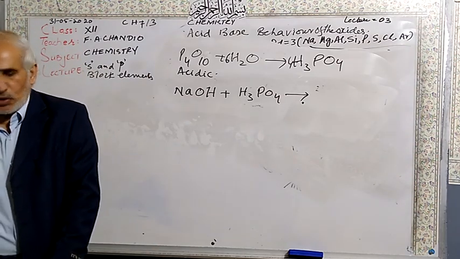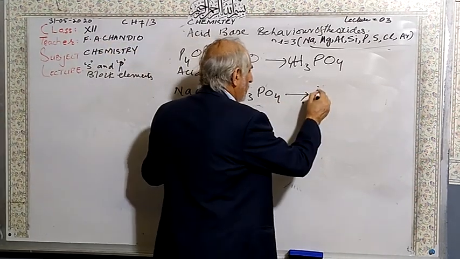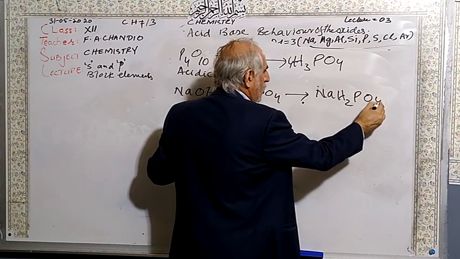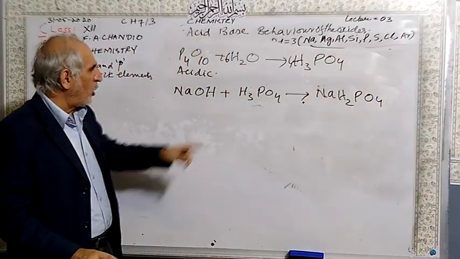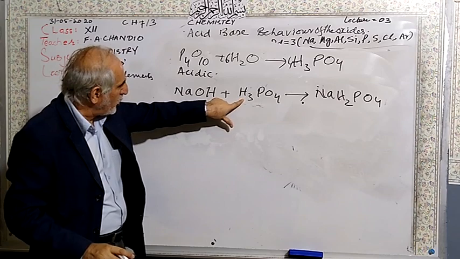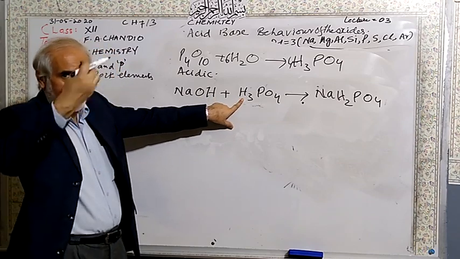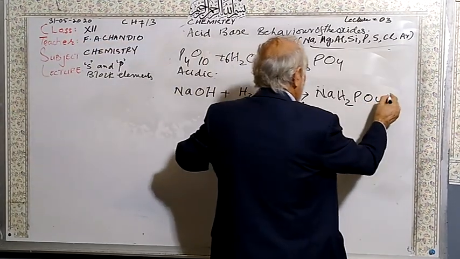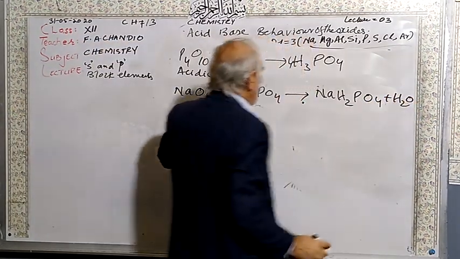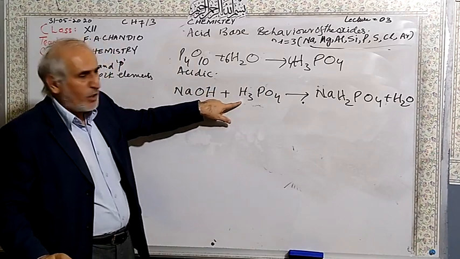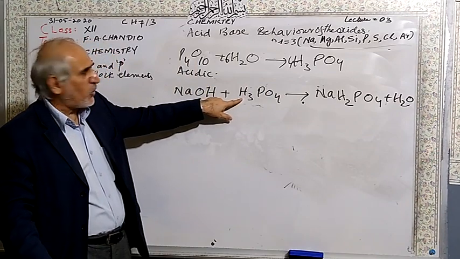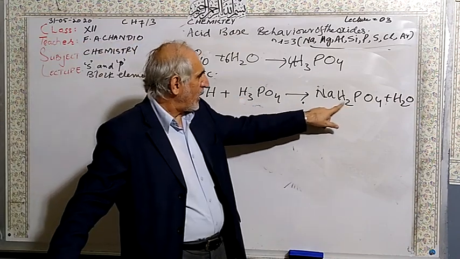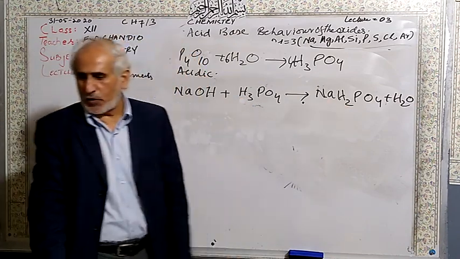So it will give sodium dihydrogen phosphate. Only one hydrogen is going to be removed from here, one proton, and you will get water. So in this reaction only one proton is dissociated, one proton is given by the phosphoric acid to give sodium dihydrogen phosphate and water.